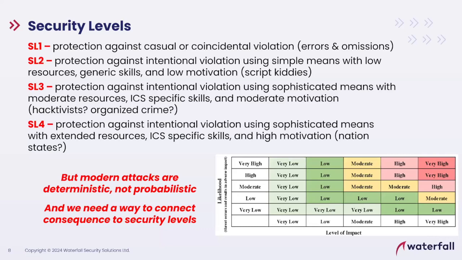SL3 is protection against deliberate attacks that have fairly sophisticated knowledge and capabilities, but not necessarily unlimited resources. So we're talking ransomware groups. We're talking hacktivists. And SL4 is protection against basically nation states.